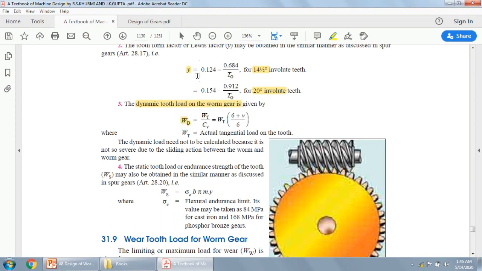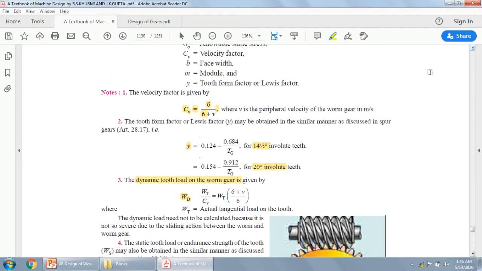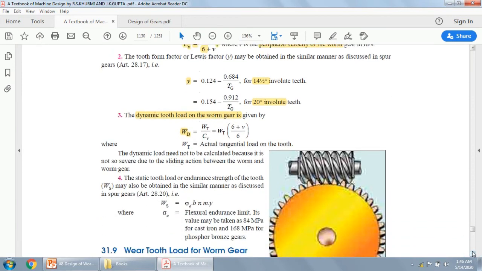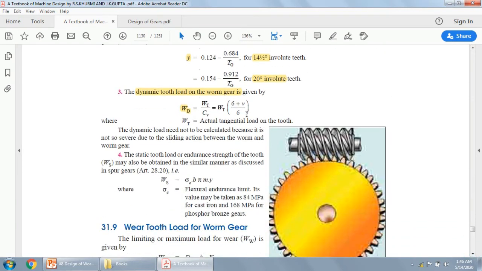Here V is the peripheral velocity of the worm gear in meter per second, and CV is equal to 6 by 6 plus V. So he is using it here in this portion.